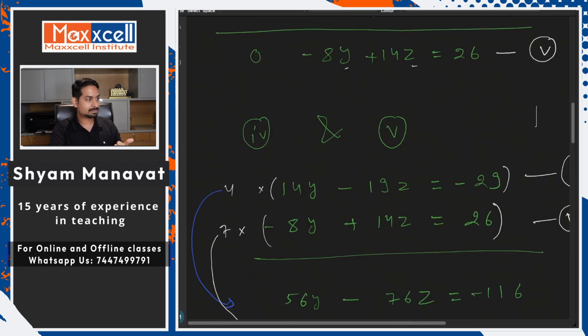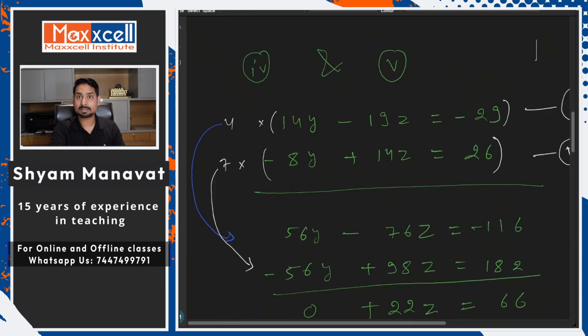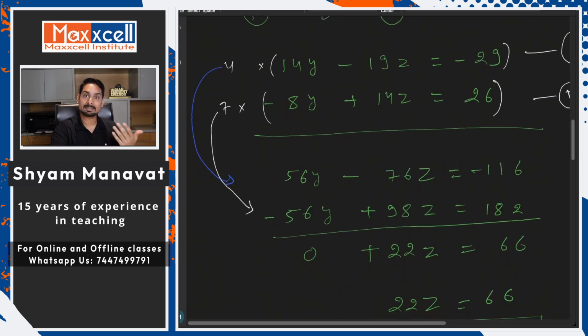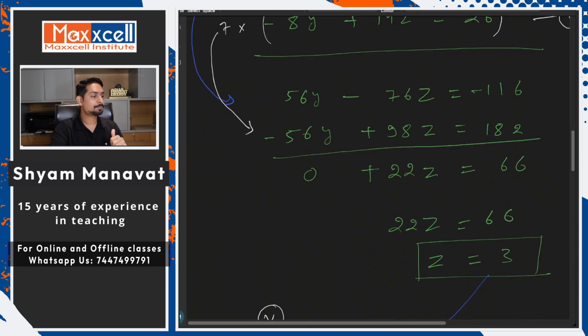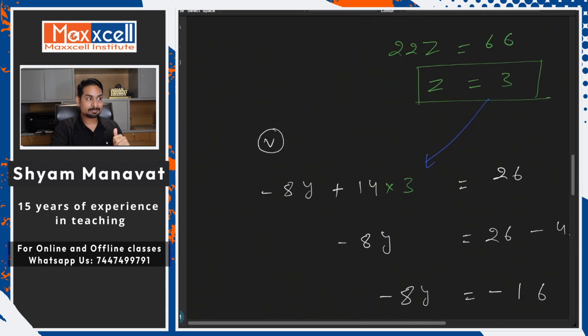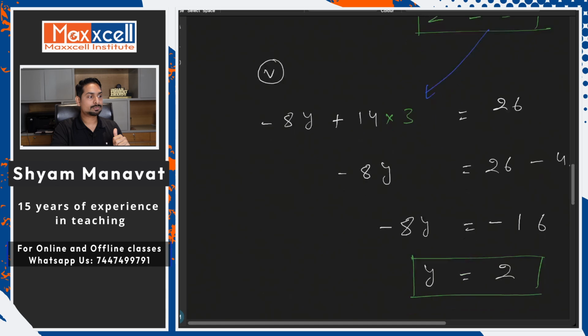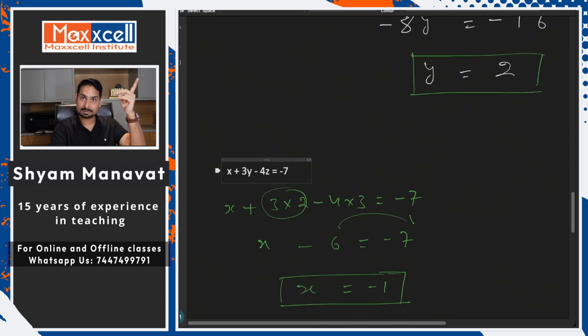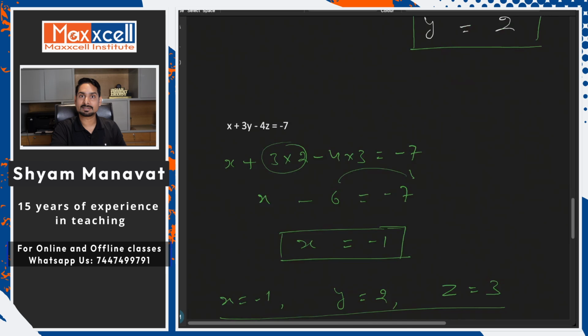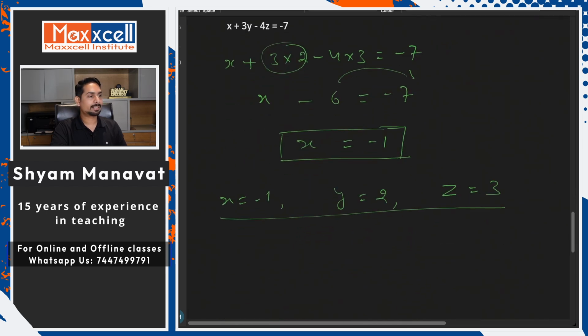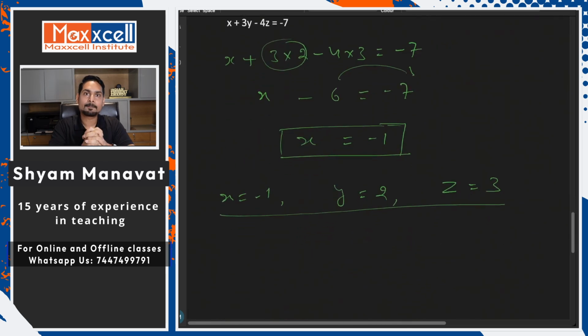I know how to solve, even you know how to solve two variable equations. You simplified that, again applying elimination method. You got the value of the remaining two variables y and z, which you substituted in either one of the original given equations, and you find the value of the third variable. So this is the way you solve three variable equations.